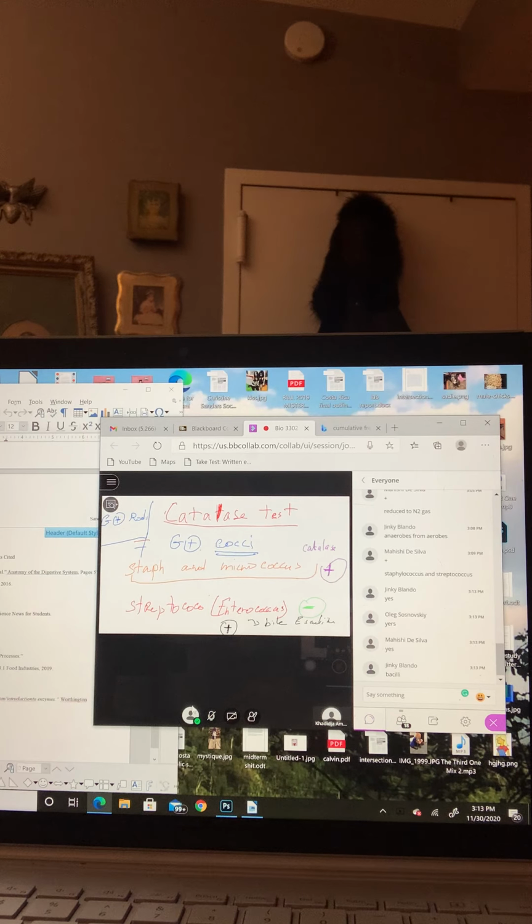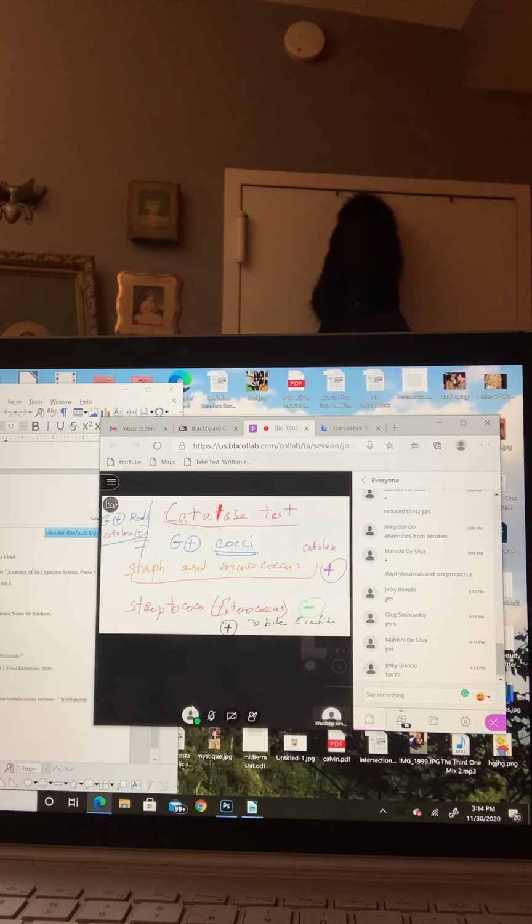So the rod is also catalase positive. So catalase positive is for the gram-positive rod, and for the gram-positive cocci, staph and the Micrococcus. So the catalase test is an important test to differentiate between these types of microorganisms.